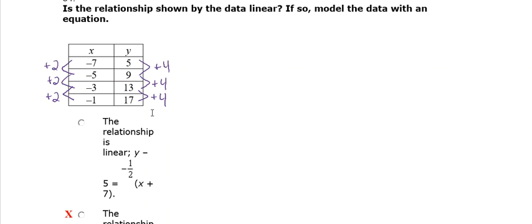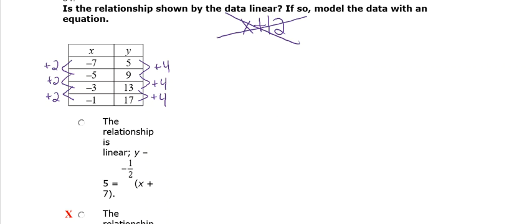And this can be tricky because it's a lot of guessing and checking. So if you have your x value of negative 7, how do I get to negative 5? Well, I could add 12, right? But adding 12 is not how I get from negative 5 to 9. It's not how I get from negative 3 to 13 or from negative 1 to 7. So adding 12 to x won't work. The question is, what does work?